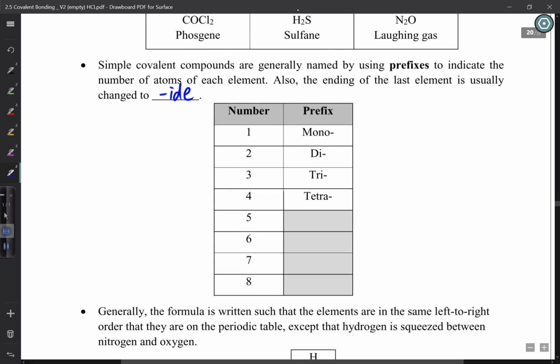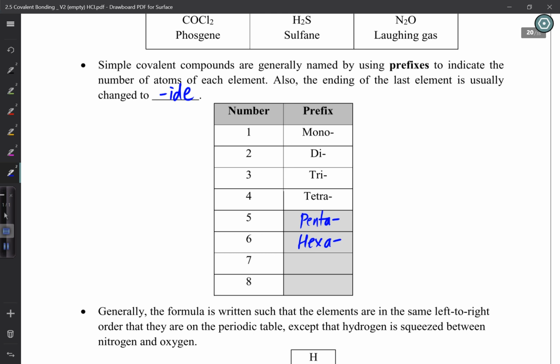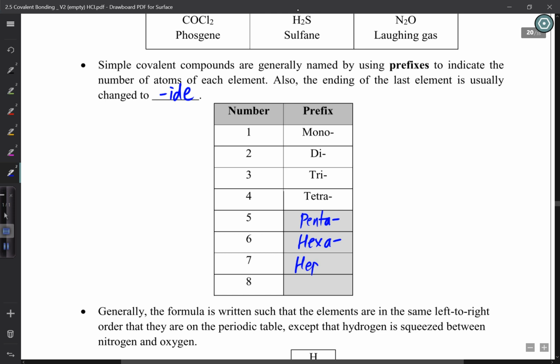One is called mono, in other words, carbon monoxide, carbon dioxide, trioxide, tri, tetra, 5 will be called penta, and then you have hexa, hepta. This is like your polygon, right? Pentagon, hexagon, heptagon. 8 will be octa, right? Deca.